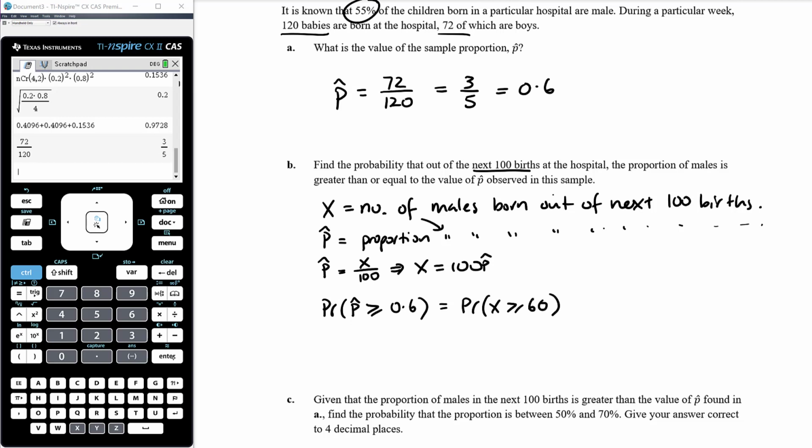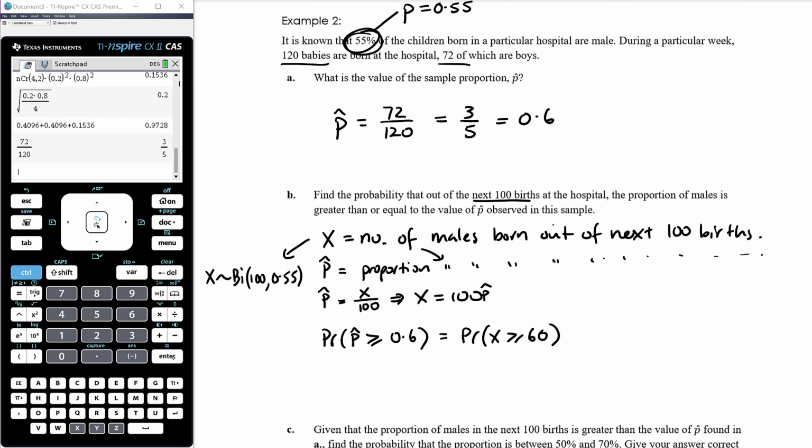Now, x is our binomial variable, that's why we define it as x rather than p hat. X is the number of males born out of the next 100 births. X is binomially distributed, n is 100, and p is 0.55. That's the population proportion: a 55% chance of a baby being born in this hospital being male.